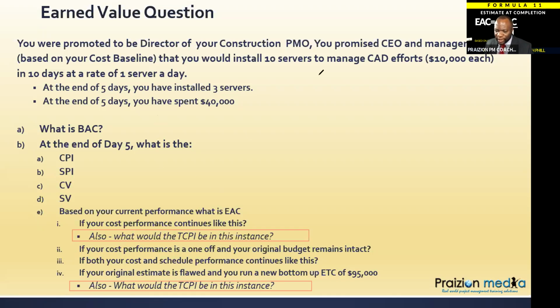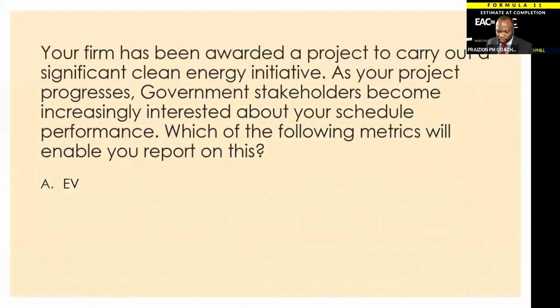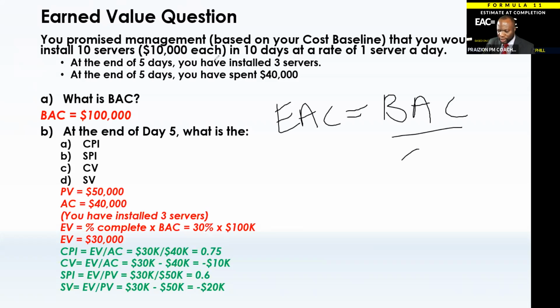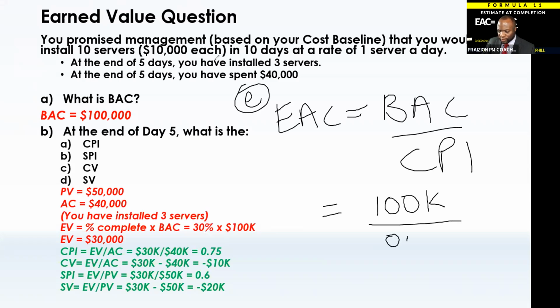So let me advance to a clear slate here so you can follow. Let me take some of these numbers and show you we would have used the formula EAC equals BAC divided by CPI. And this is for E. That would have been 100K divided by 0.75.